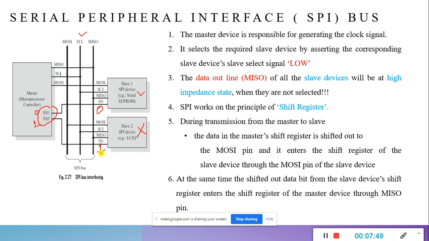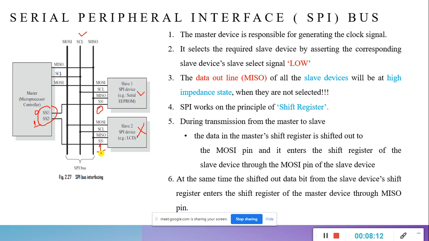Similarly in I2C, due to ambiguity, sometimes two slaves get the same address, so there might be a chance of two slaves being selected simultaneously, and that will lead to a problem of synchronization.